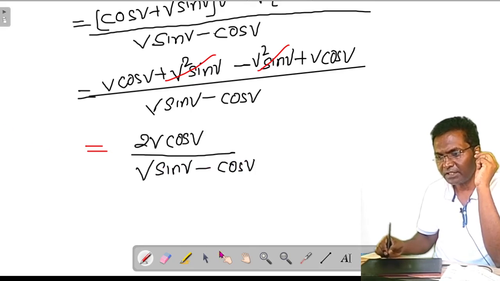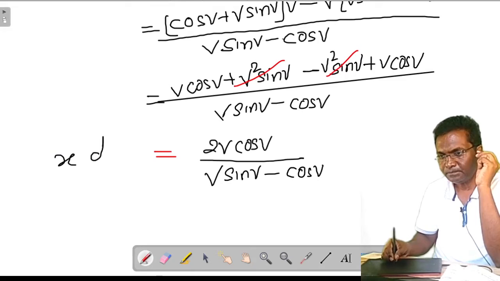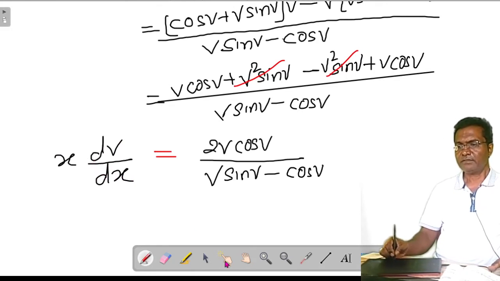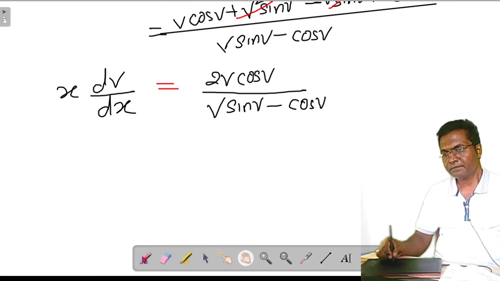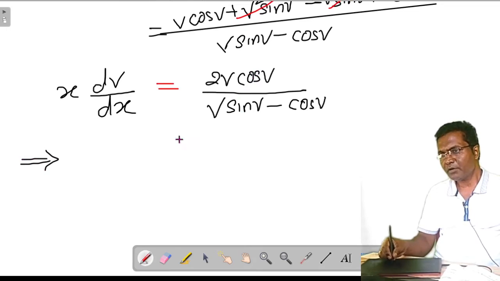And on the other side you have x dv by dx. Now separate the variables. Okay, so separating the variables means you bring all these terms this side and dx by x this side.